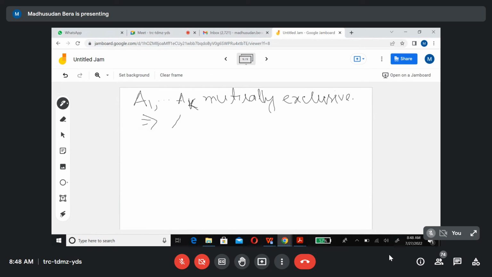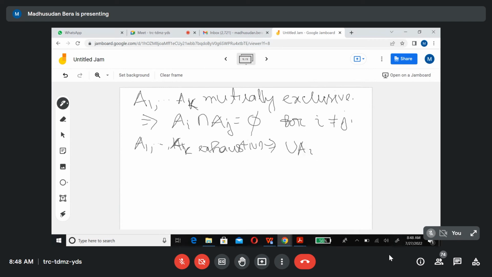If you take any two different events, Ai intersection Aj equals the empty set, for i not equal to j. Then exhaustive: what is the meaning of exhaustive? The union is the sample space. So the union of Ai, i from 1 to K, is the sample space.